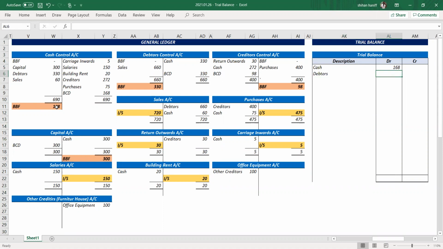Debtors 330. Creditors 98. Sales 720. Purchases 475. Capital 300.